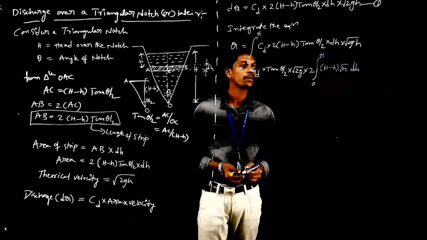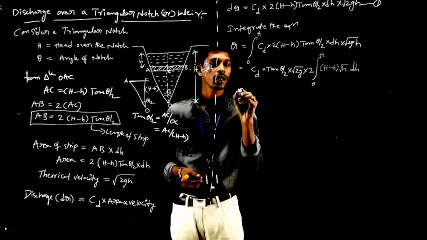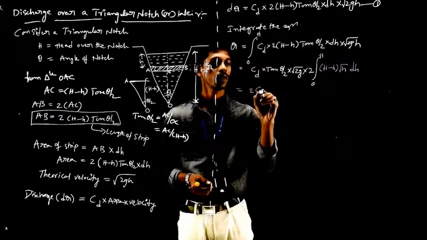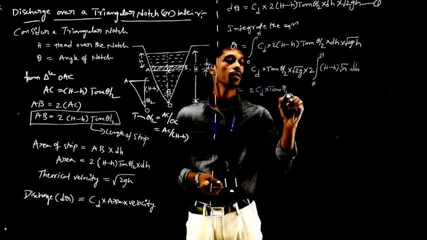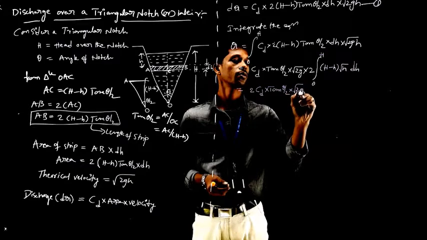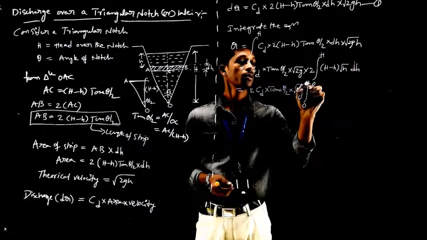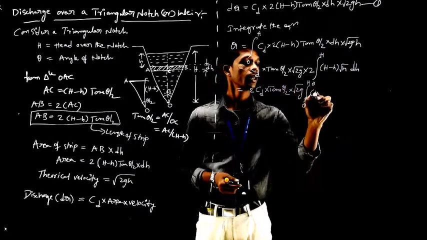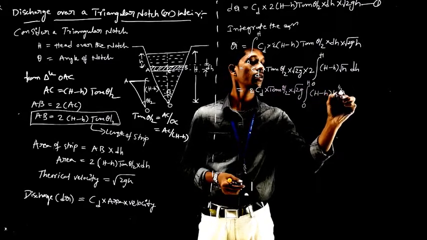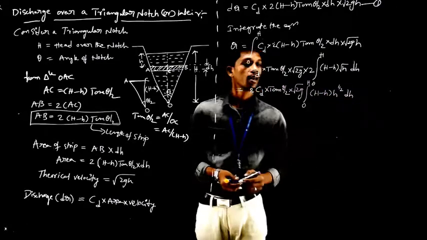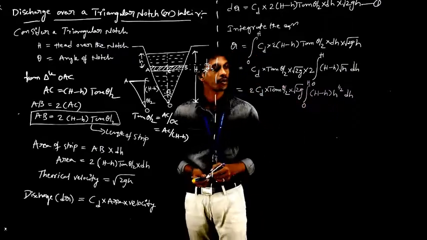This is the value left for us. Root h means h power 1 by 2 dh.